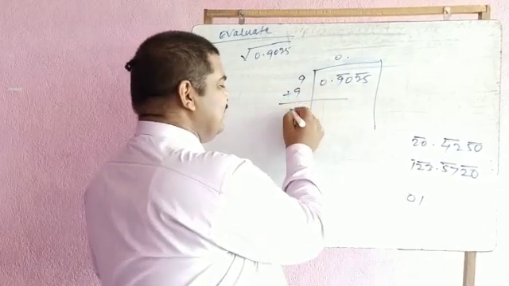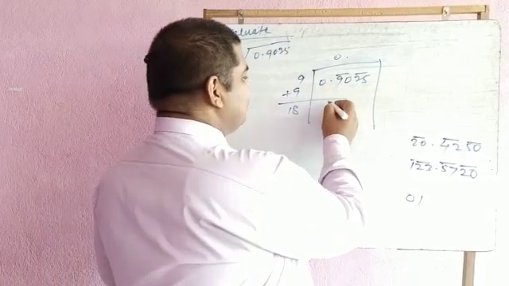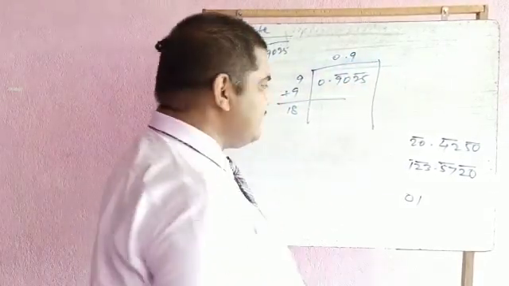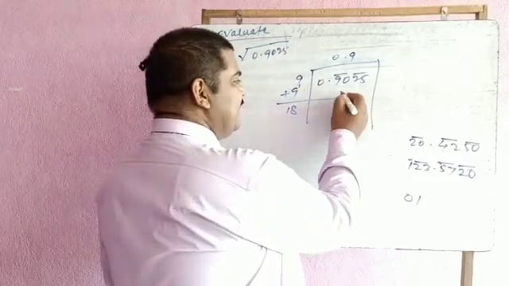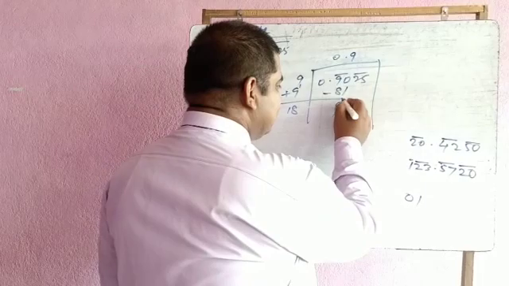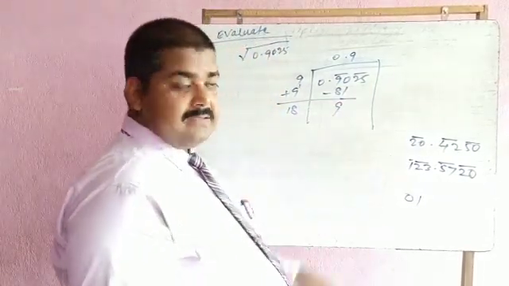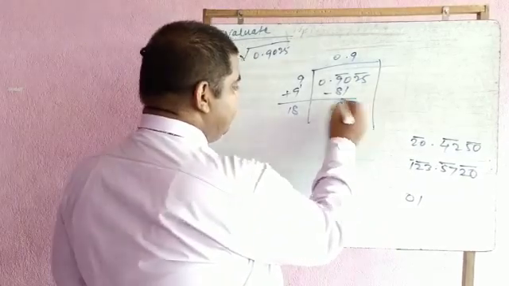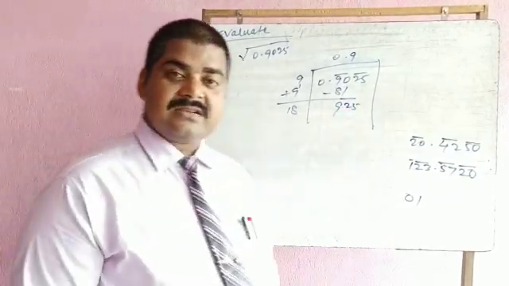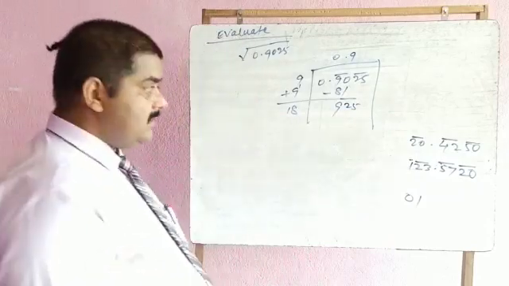And now you can see 18, and you have to put 9 here at the quotient side, and 9 into 9 is 81, and if you subtract you get 9, and the next pair 25 must occupy this place. And now you have to select which number, my dear.